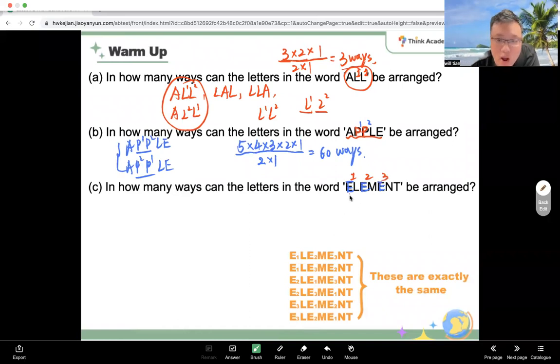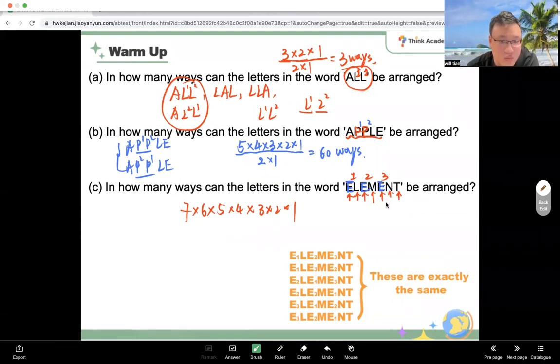And that way we'll have 1, 2, 3, 4, 5, 6, 7 different letters, right? If you have 7 different letters, to put them in a row, how many different ways are there for you to choose? You have 7 times 6 times 5, and then 4, and then 3, and then 2, and then 1. So that will be the total ways for you to list all of these 7 different letters.